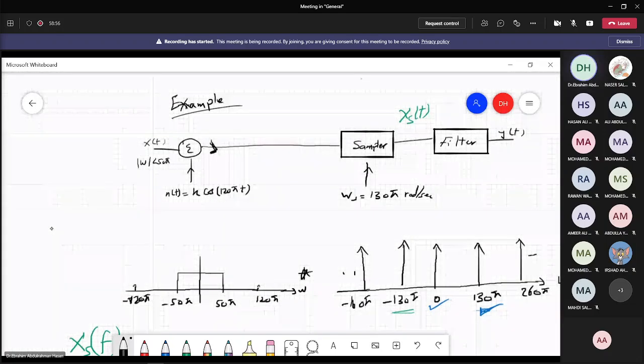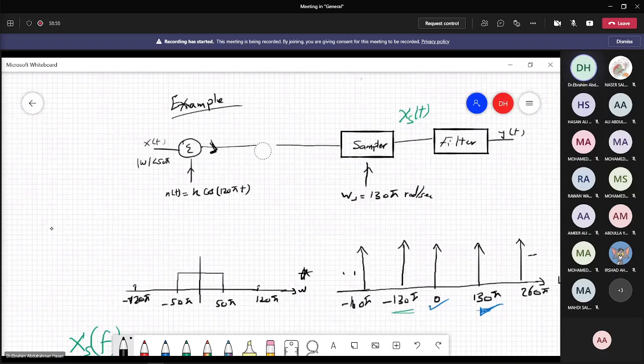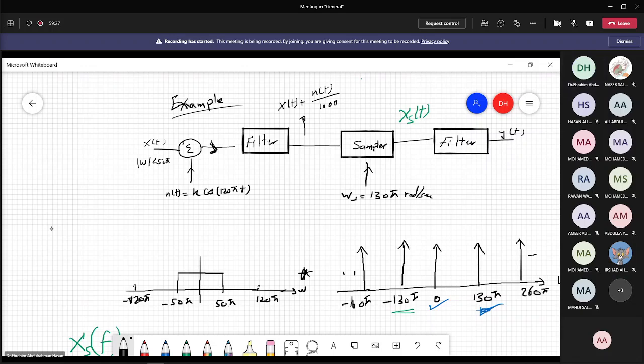I need to put a filter here, another filter, to pass x of t plus n of t, but divided by some value. Say, for example, I want to reduce it by 1,000, by 10,000, by 1,000,000. How to do this?